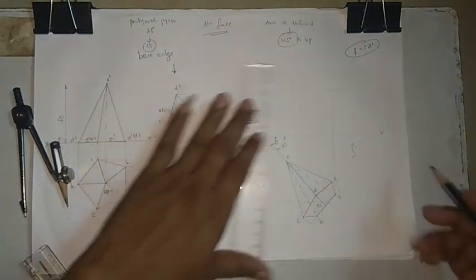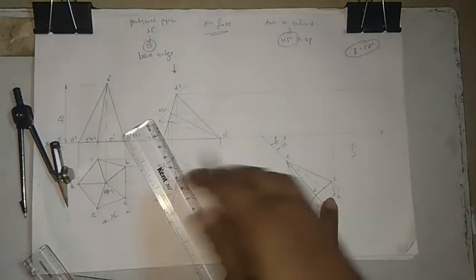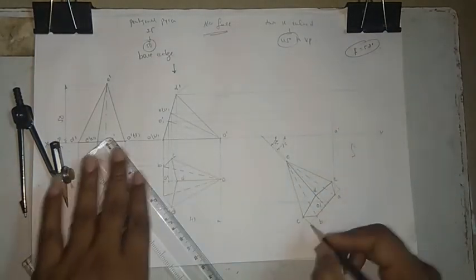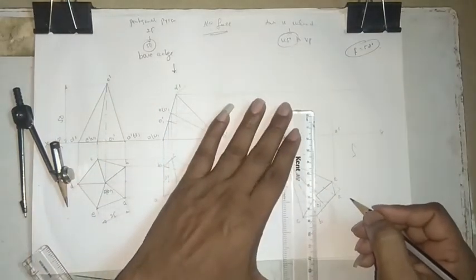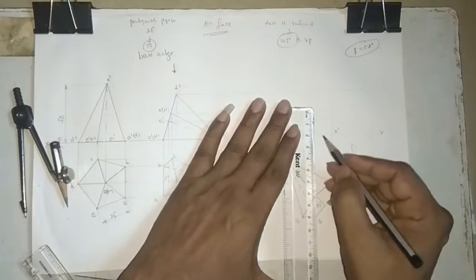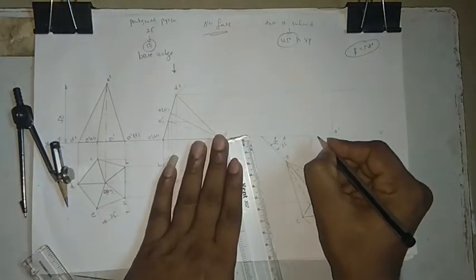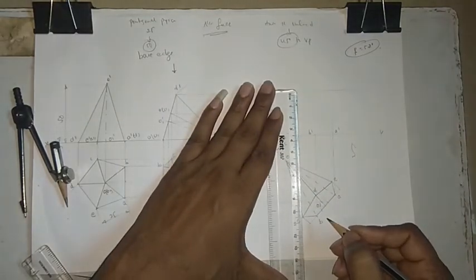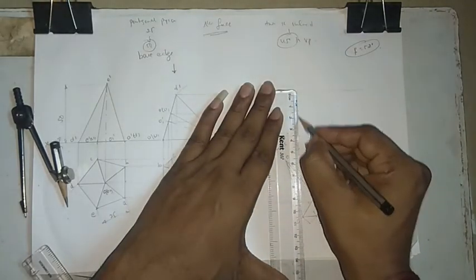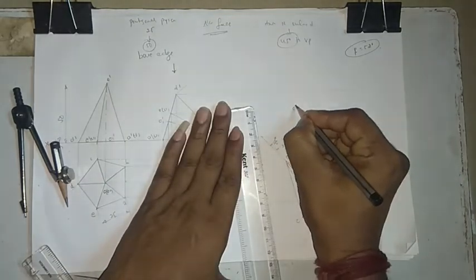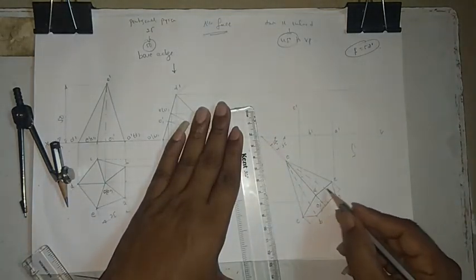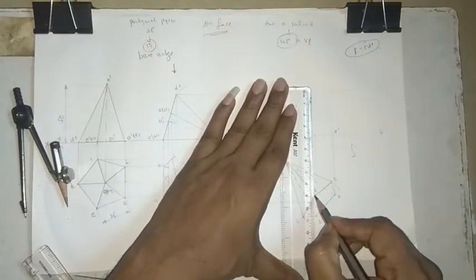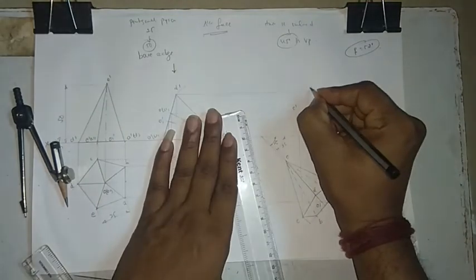Now A is here, so we'll write this is A dash. B is on the XY line, so B dash. C is here, so C dash. D is here, so D dash.